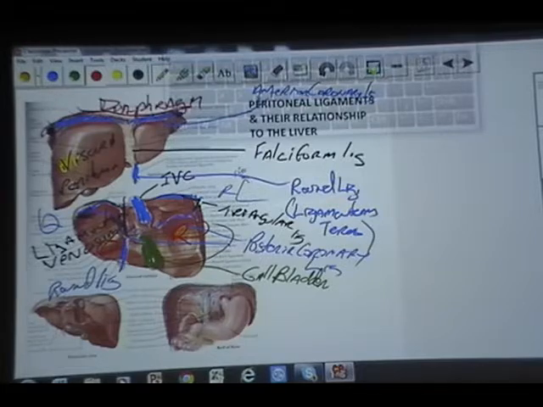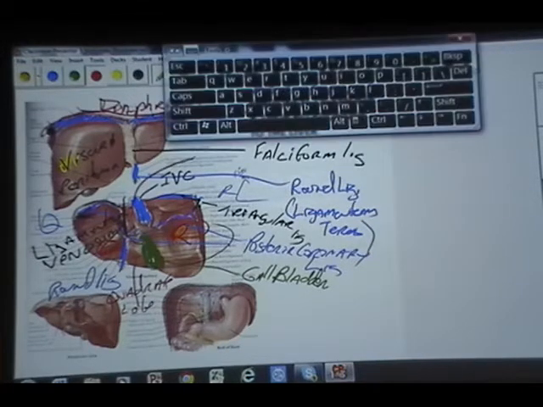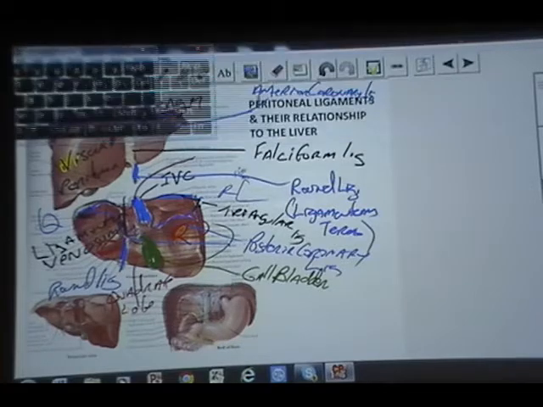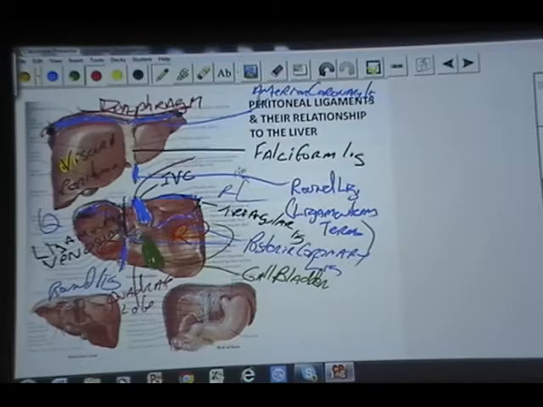This lobe at the inferior border next to the gallbladder, which is kind of shaped like a square, we call that the quadrate lobe of the liver. And up here between the vena cava and the ductus venosus, we call this the caudate lobe, because it's near the tail end of the liver.